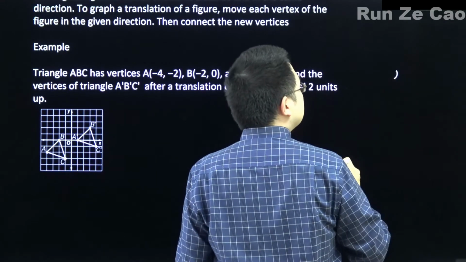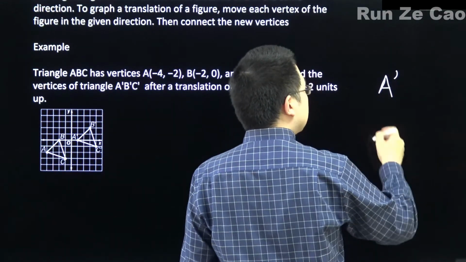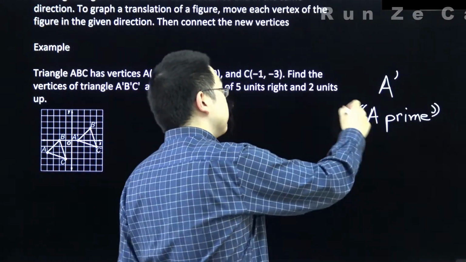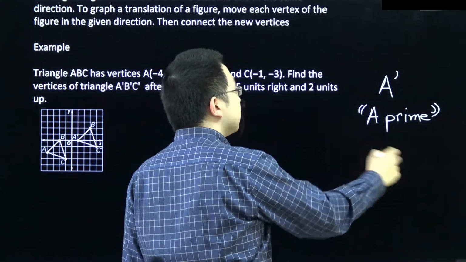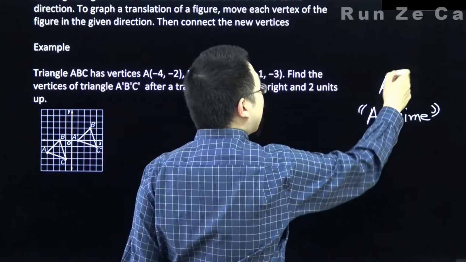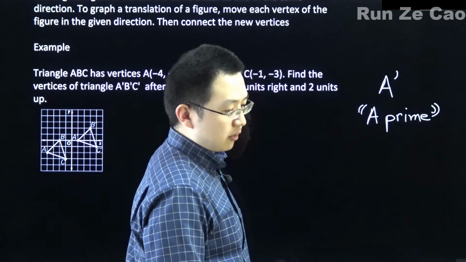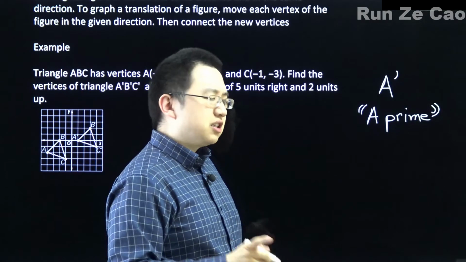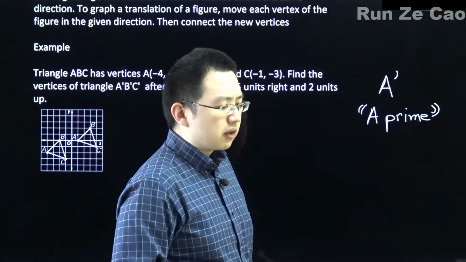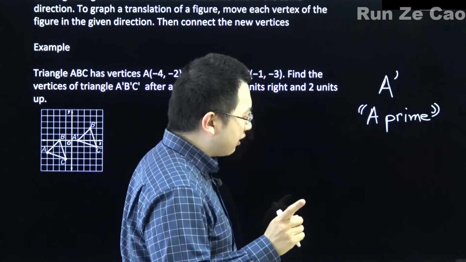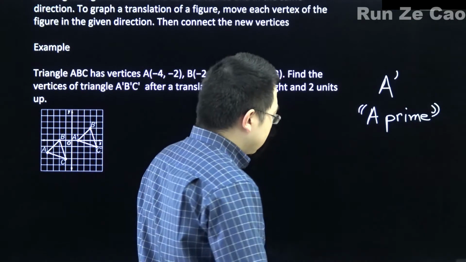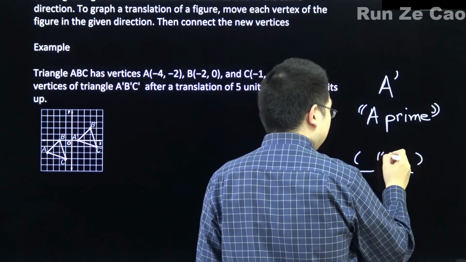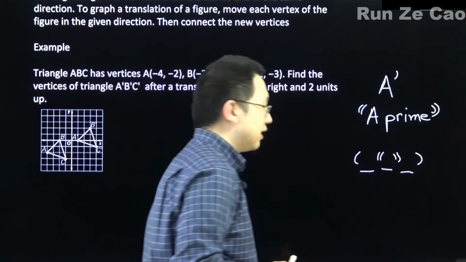The apostrophe symbol, when you use it for, say, a point, you read this as A prime. And if you have B apostrophe, that's B prime. And if you have a double apostrophe, on your keyboard or computer you probably put the quotation mark. Actually, depending on country, that's called a double quote mark, I think. But I know that in places like England, you use single quotes, and then in the middle, if you want to say something else that's quoted again, you use double quotes.